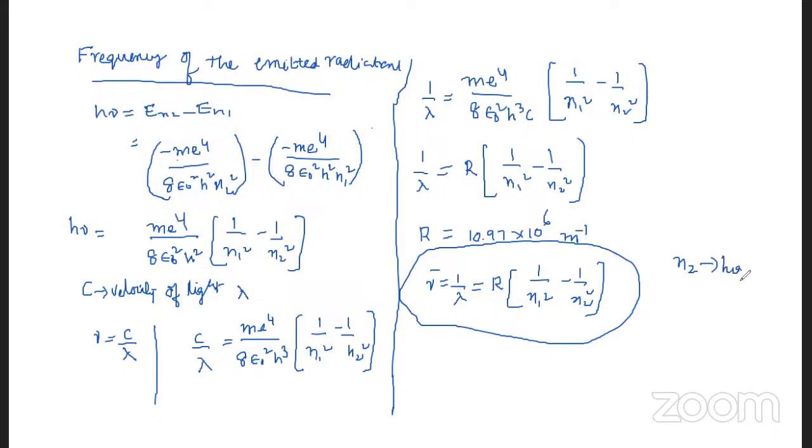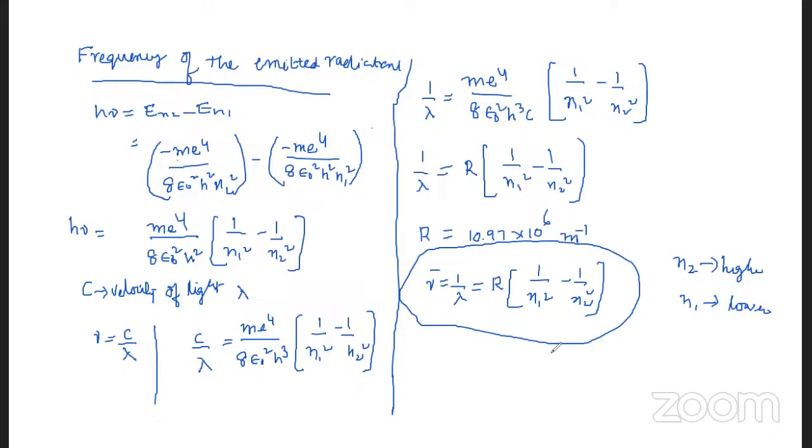So this is the amount of radiation which is emitted when the electron jumps from the higher orbital n2 to the lower orbital n1. Okay, so this is what we have.